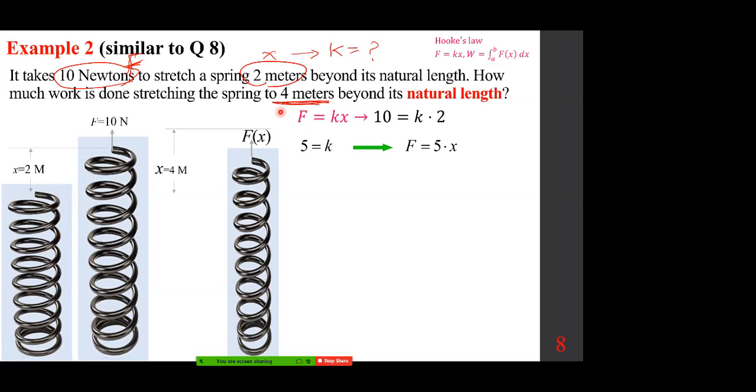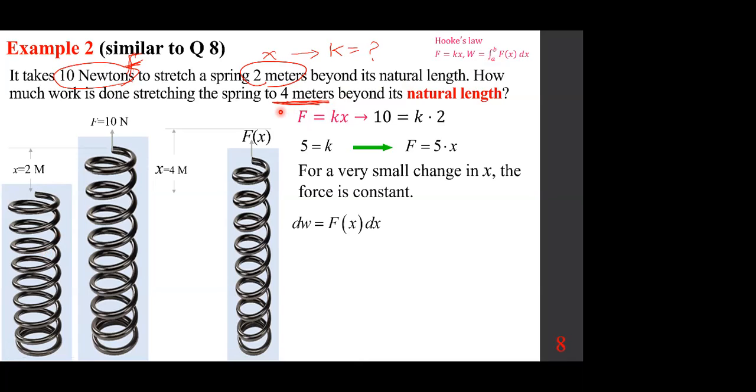Why 4? Because we want to move it 4 meters beyond its natural length. Okay, we want to stretch it that way. And so f of x is 5x, okay? And dw is f of x times dx.